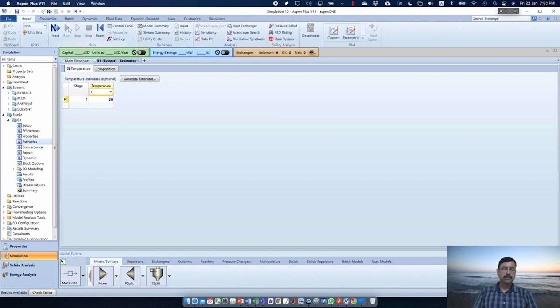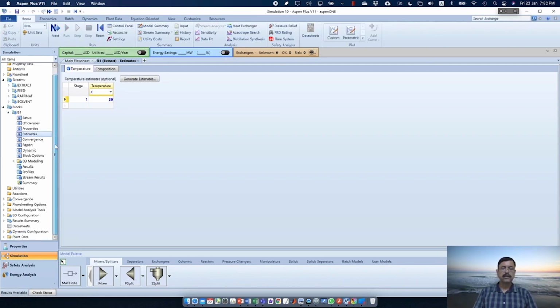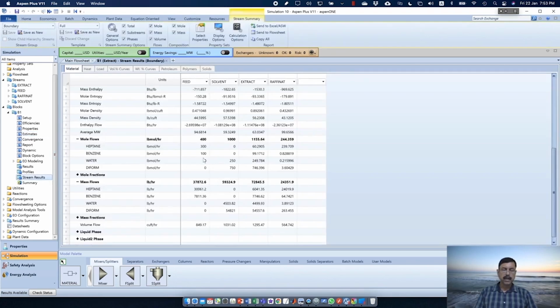The results are now available. So you can see the stream results. Out of 300 pound moles per hour of heptane, 239 has gone into the raffinate, only 60 has gone to the extract. Whereas in the case of benzene, out of 100 pound moles per hour, 99 has gone to the extract. So benzene has almost completely been extracted into the extract phase.